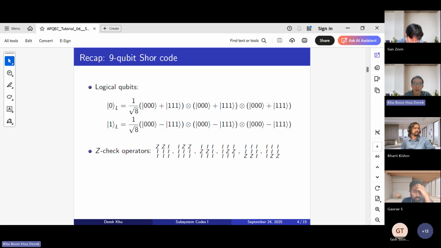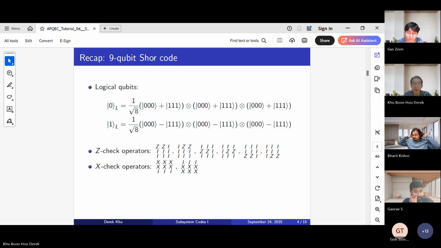In particular, the first two check operators would look at the first 3 qubits. The first check operator would check whether the first and the second qubit are the same, and then the second check operator would check whether the second and the third qubit are the same, and this would check if the fourth and the fifth qubit are the same, and that would check whether the fifth and the sixth qubit are the same, and so on. This would give us the 6 Z-check operators, and we also have 2 X-check operators.